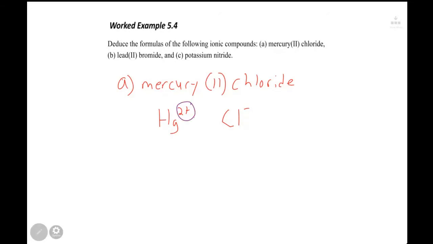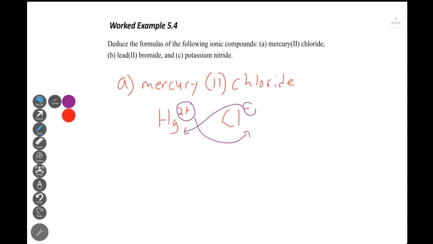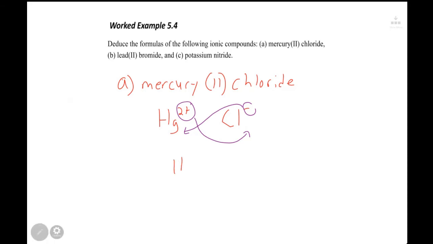We take this, move it here, take this -1, put it here. So we end up with HgCl2. So this would be mercury 2 chloride because we need 2 -1s to balance out the +2 of mercury.